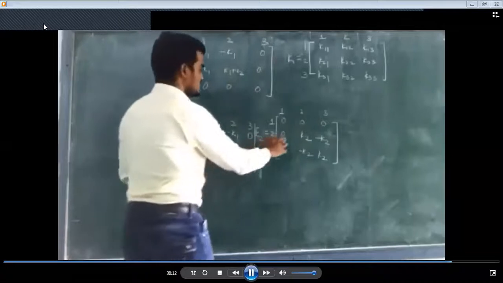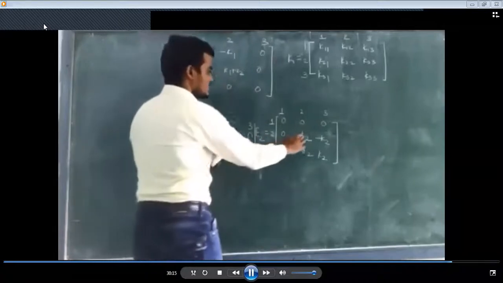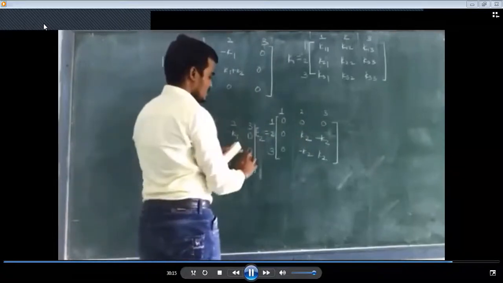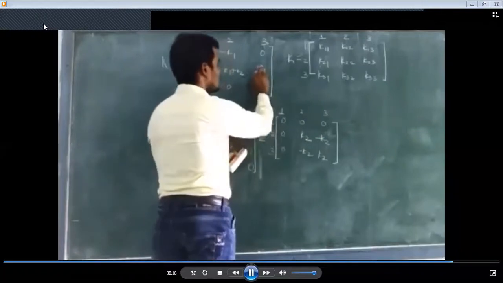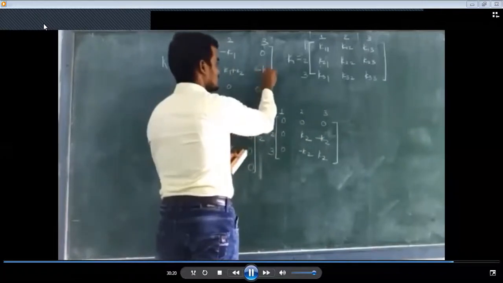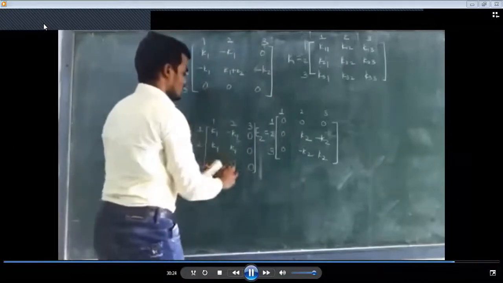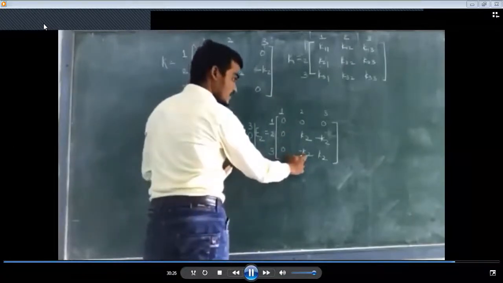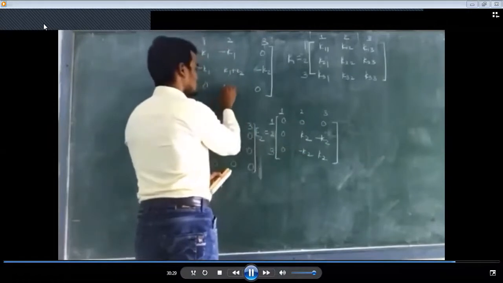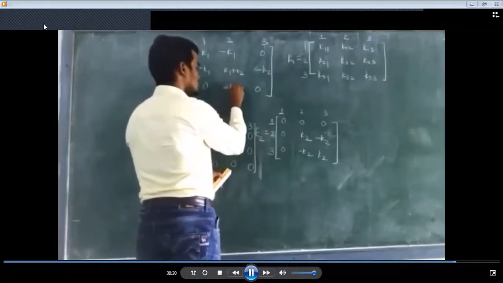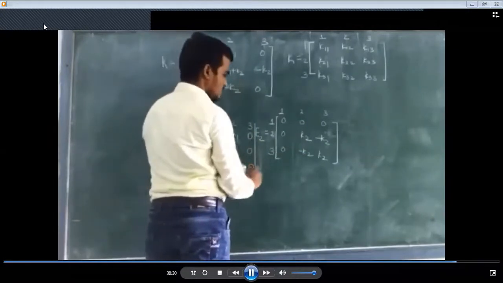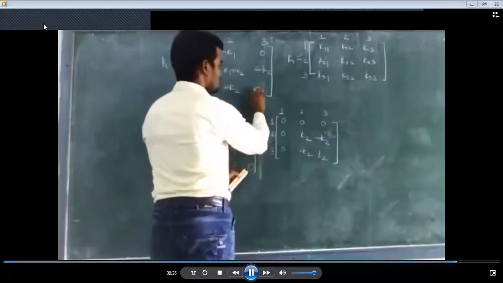Then minus K1, K1 plus K2. 0 plus minus K2 becomes minus K2. Finally 0 plus 0, 0. 0 plus minus K2 becomes minus K2, and 0 plus K2 becomes K2.